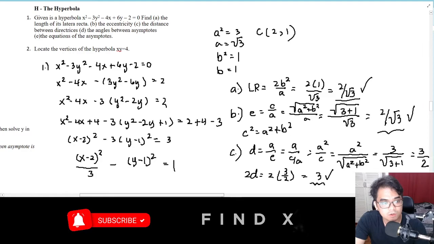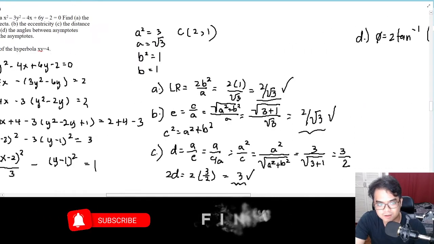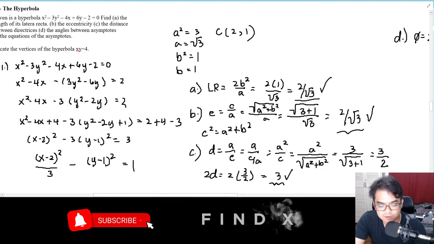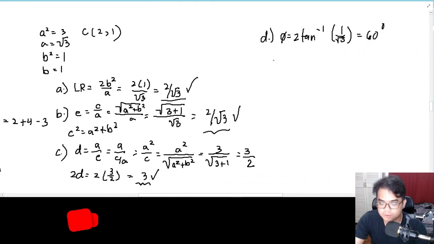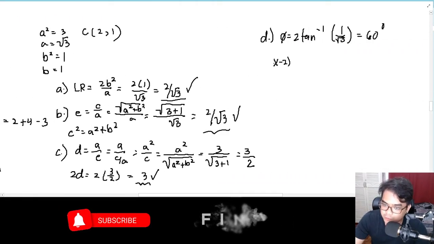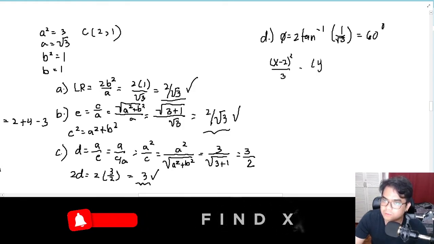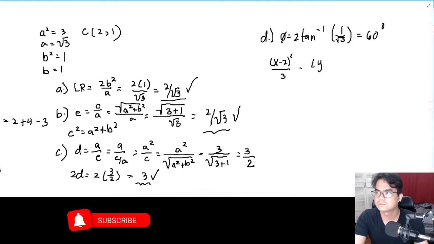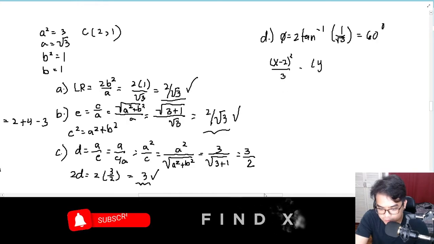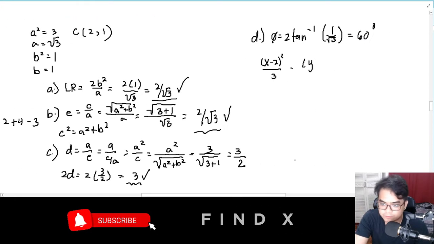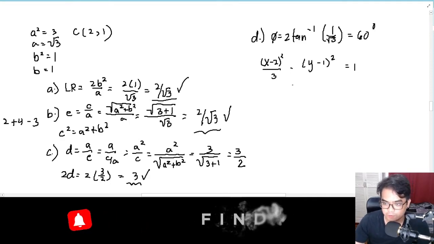Equation of asymptotes. So for the equation of asymptotes, all you have to do is rewrite the equation that we got, that is (x − 2)² over 3 minus (y − 1)² equal to 1.